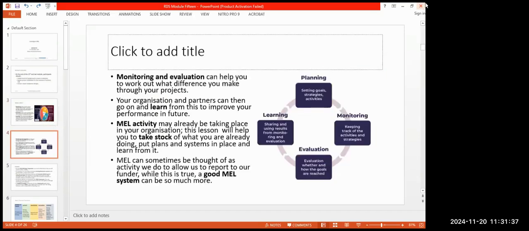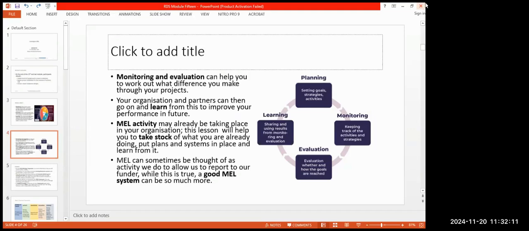And another way of putting that through is to say, and I think this is familiar to a number of you, you start with the planning, maybe at the end of the year or at the start of the program, where you set goals, strategies, and activities. And monitoring comes in to ensure that the activities and the strategies are kept on track.